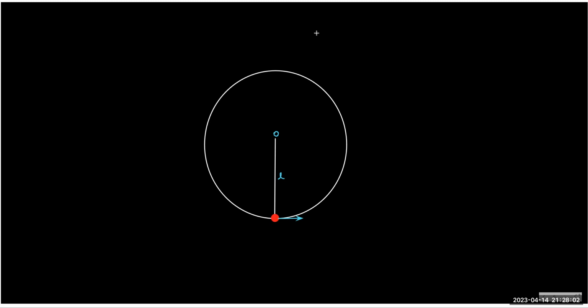So what we can do next is, what we realize is that at this point it will move under gravity only because T is not there.